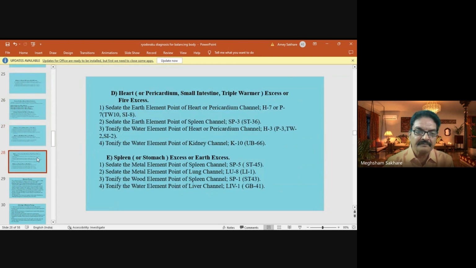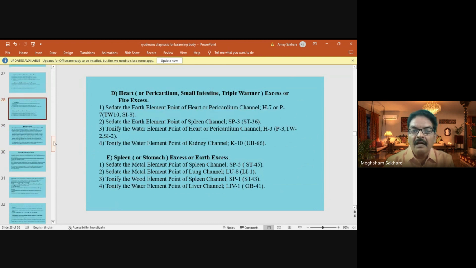Heart, pericardium, small intestine, triple warmer, axis or fire axis. Sedate the earth element point of the heart or pericardium channel, H7 or P7, TW10 or SI8.